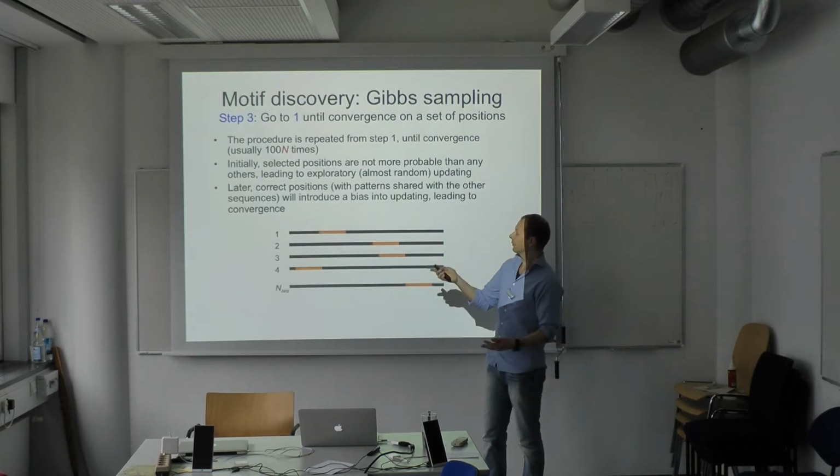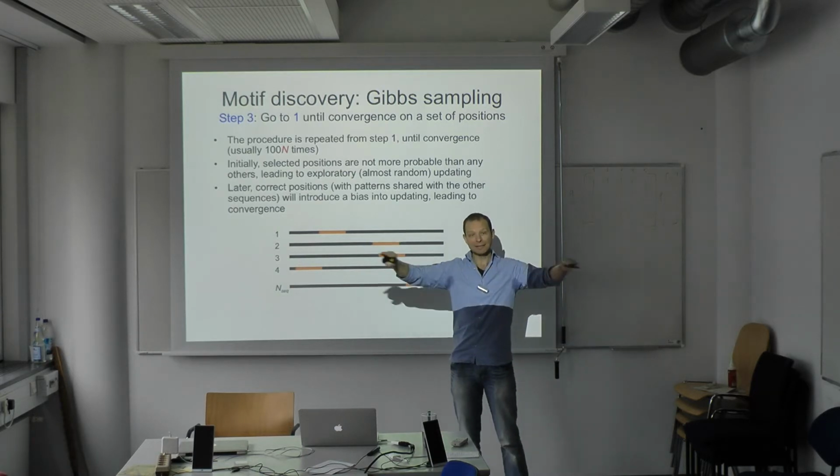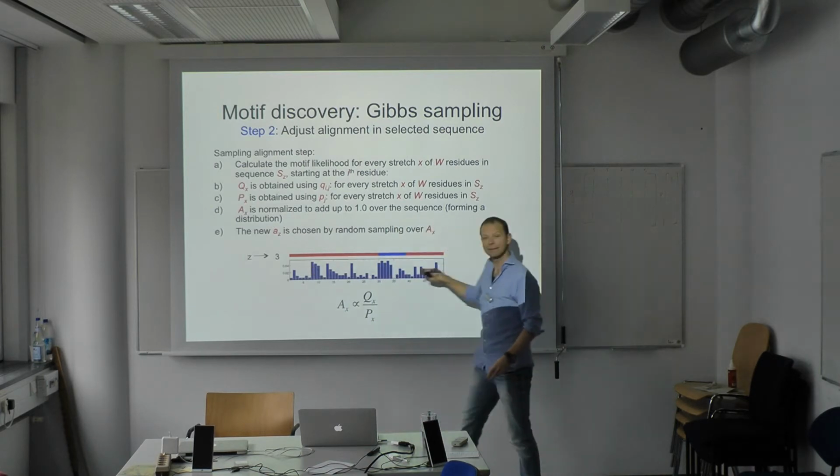And we start again. So step 3 is really to go back to 1 until convergence on a set of positions. So the procedure is repeated from step 1 until convergence. And initially the selected positions are not more probable than any other. So we have a relatively flat distribution. So when we look at this thing here, it'll be more or less flat.